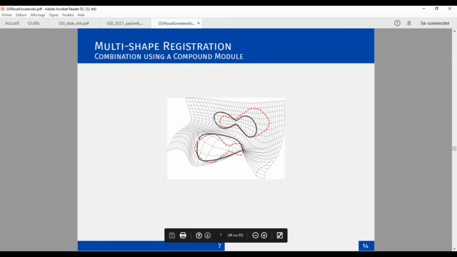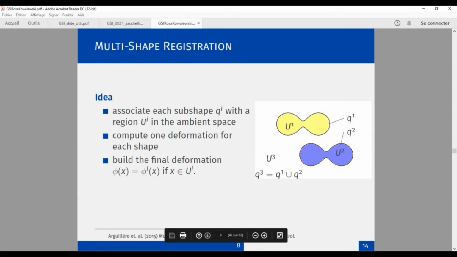So here we have quite a high regularity in the compound module because the deformations for each shape are of quite high regularity, and this prevents the shapes from moving close to each other. So we need a new way of combining diffeomorphic deformations.